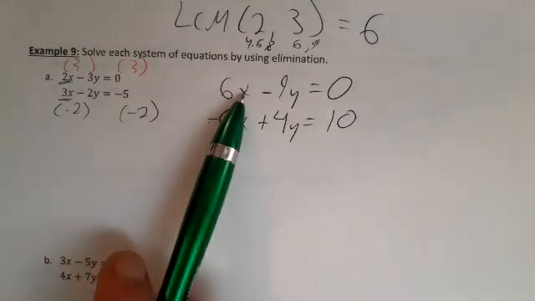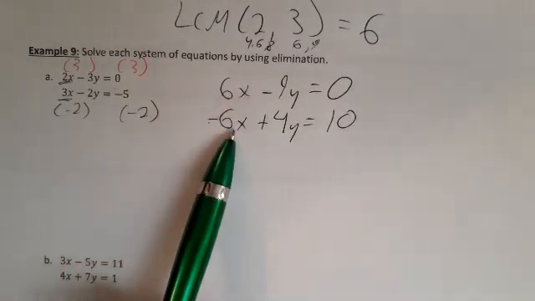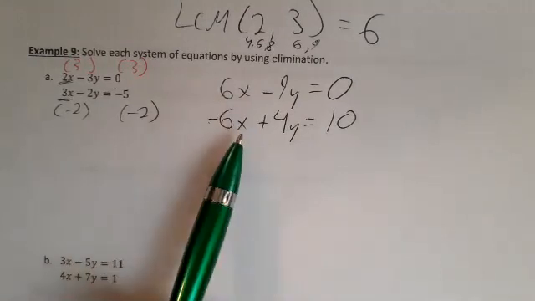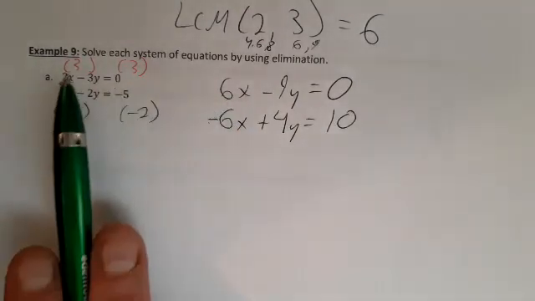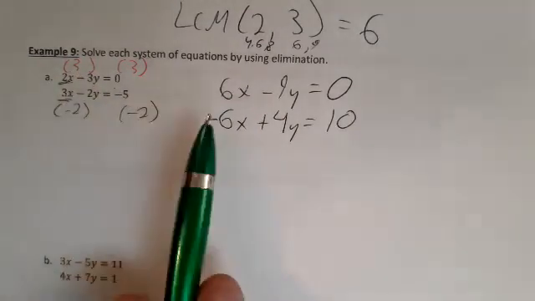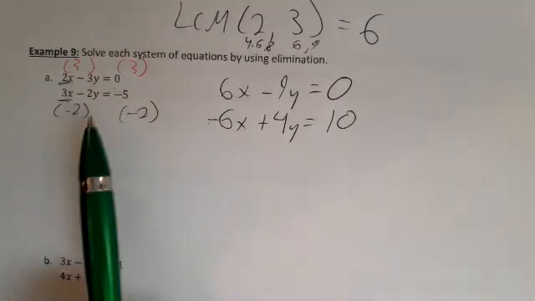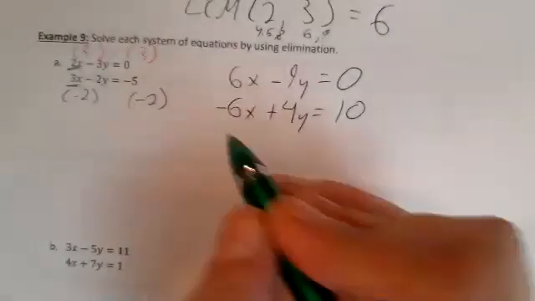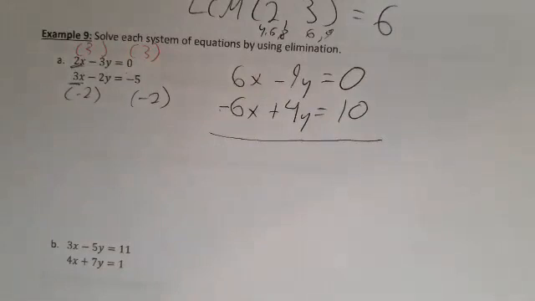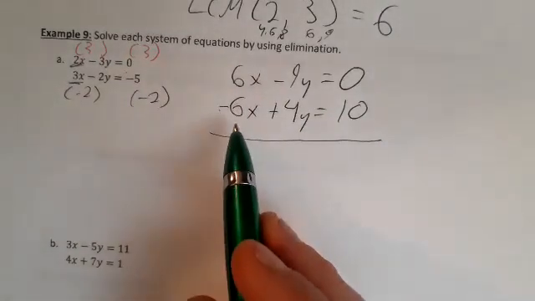So my goal was to get to 6 and to get to the minus 6 here, to set this up like this for the elimination. So to get from 2x to 6x, I got to multiply by 3. To get from 3x to minus 6x, I got to multiply by a minus 2. Now I have my elimination step all set up. I have 6x minus 6x. These simplify.